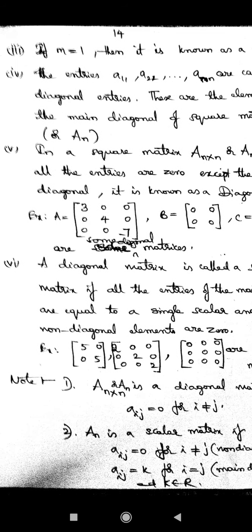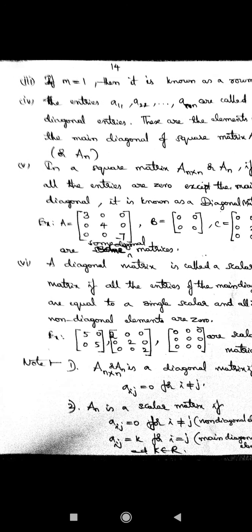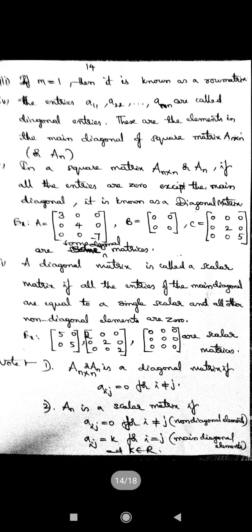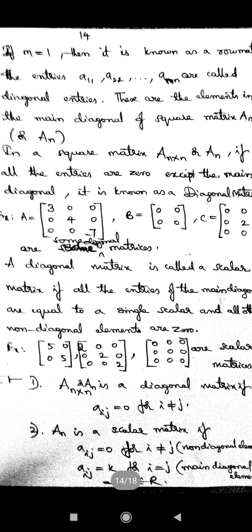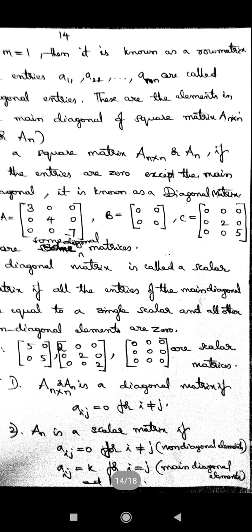And I want to give you some note points to be remembered now. The first point to be noted down is, if the square matrix An is a diagonal matrix, then the condition should be Aij is equal to 0 for i not equal to j.